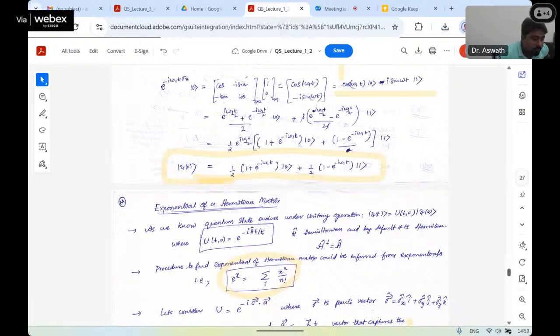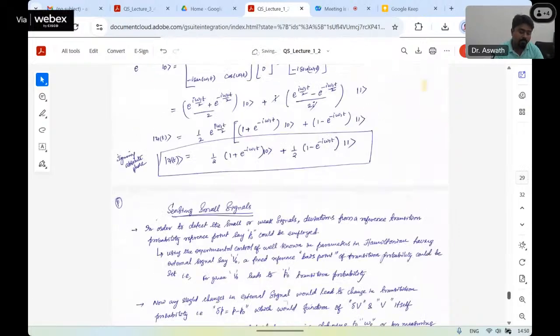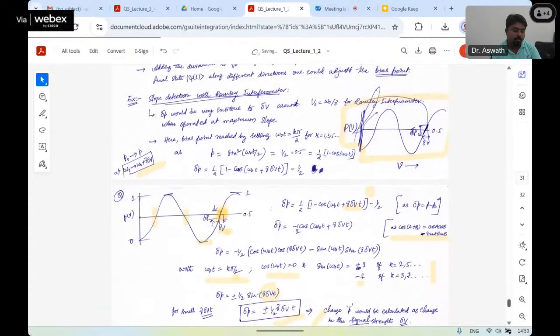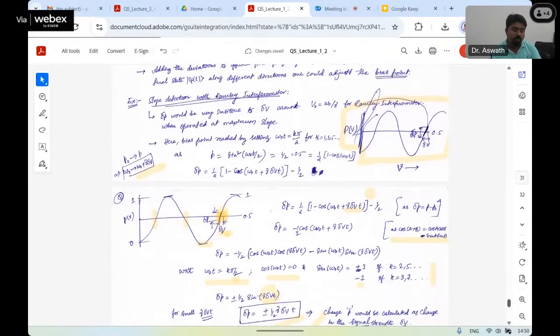There is a question here: the probability graph should be a sine square. Should it be? Yes, it is sine square. So please don't expect the absolute value of sine, which would have the peaks only on one side.